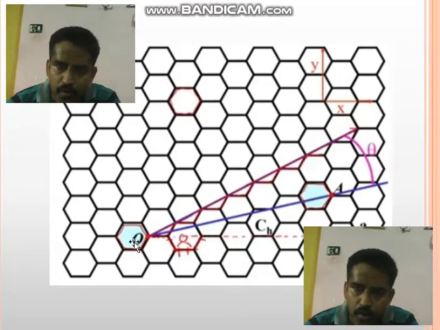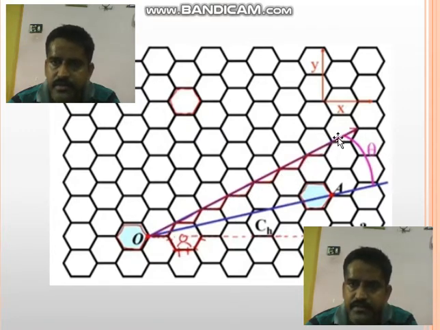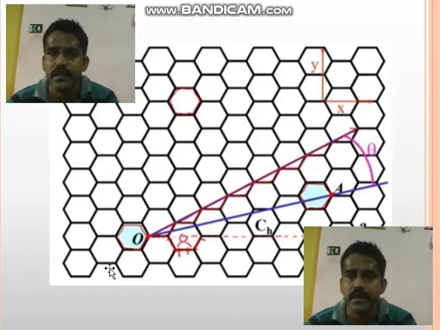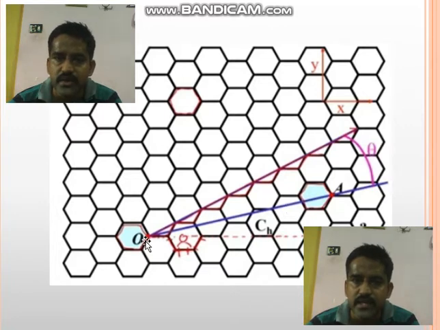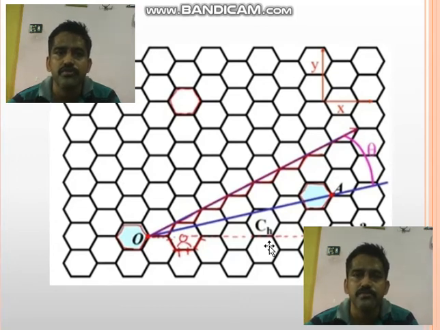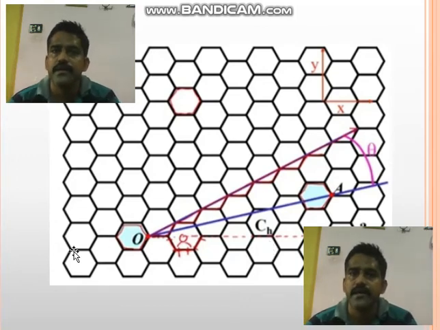And here from O to this point, if you draw a line, then we observe this C. This line acts as a zigzag, so this is known as the zigzag nanotube. From O to A, this is known as a chiral nanotube. These are the three types of nanotubes for single-wall nanotubes.